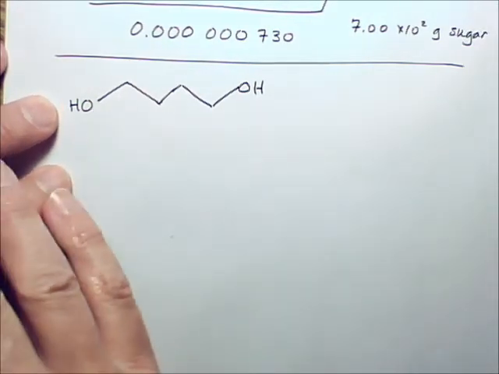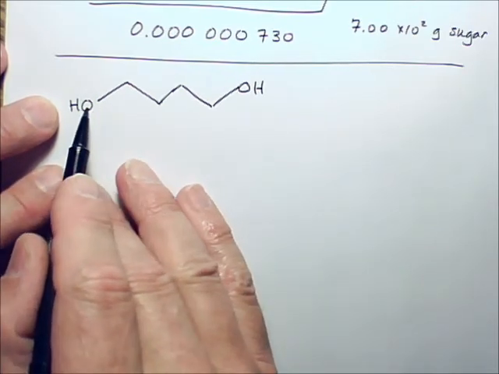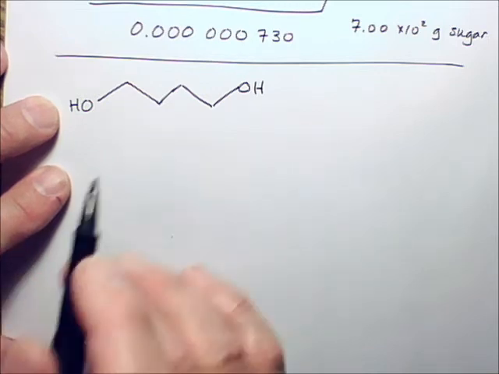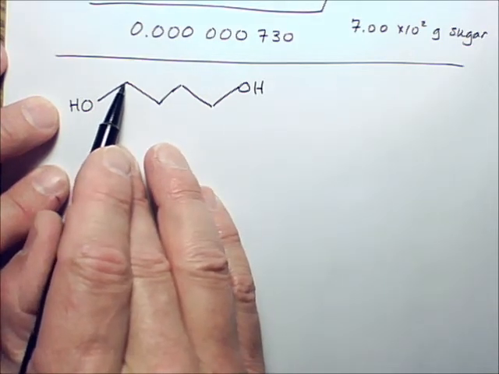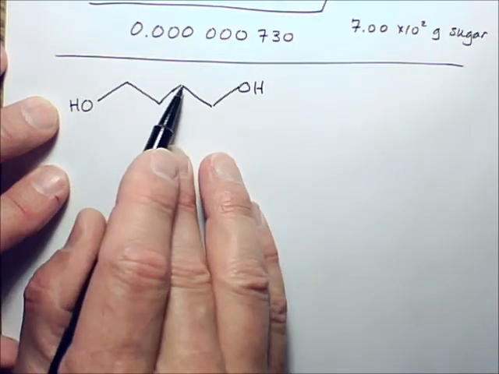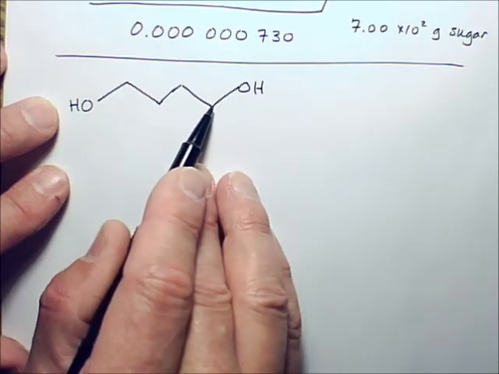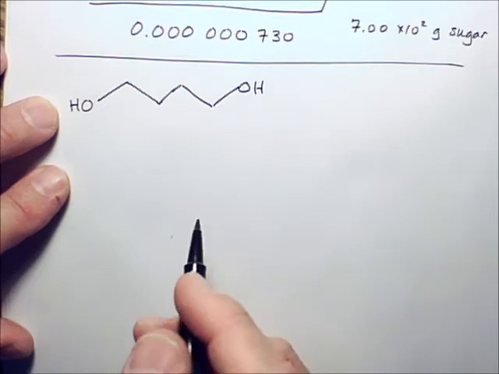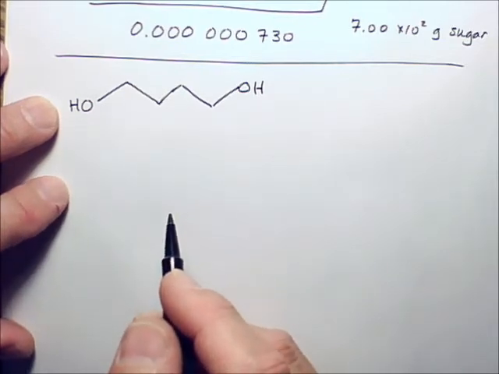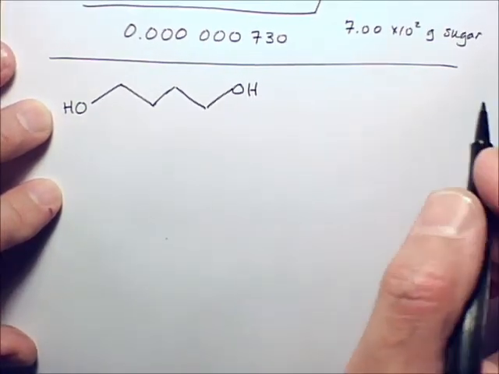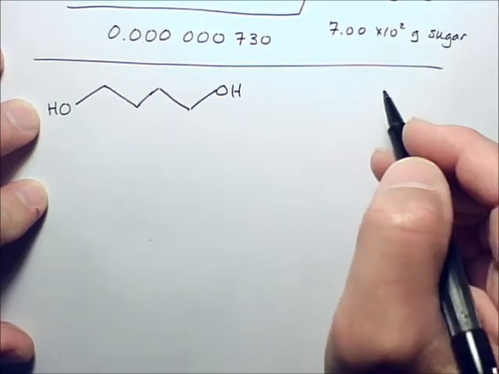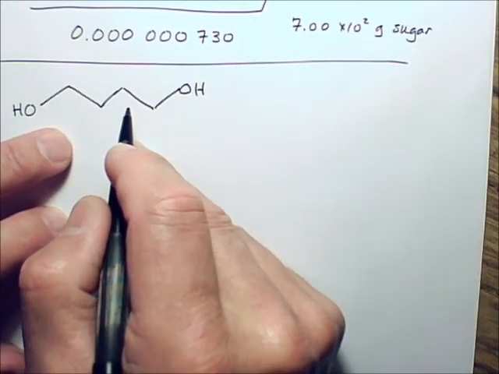Good. Because there's no carbon here. There's an oxygen. The only carbons here are the places where we don't write an element, basically. These are the bonds between carbons. 1, 2, 3, 4 carbons. What's the prefix for 4 carbons? Tetra? Bute.